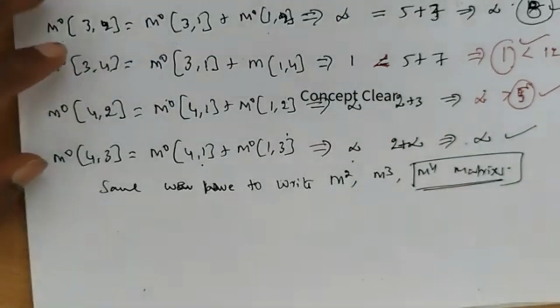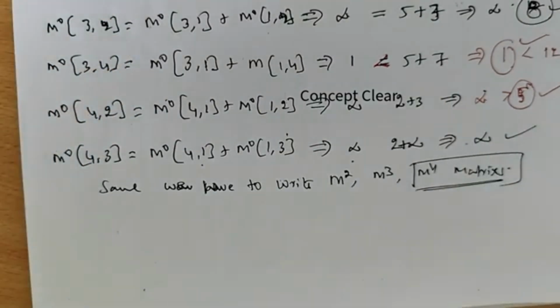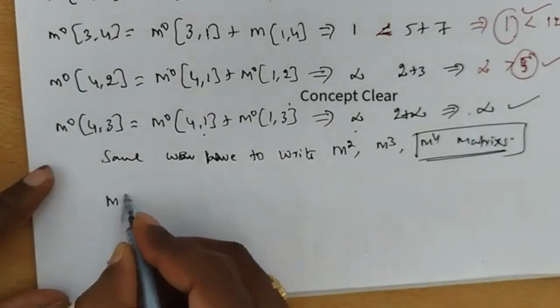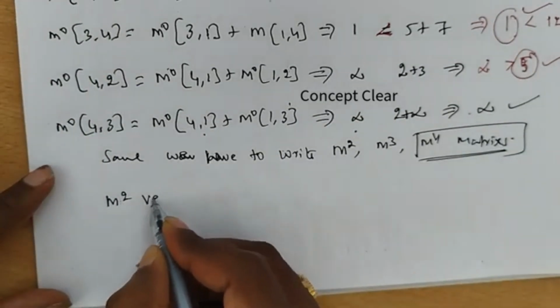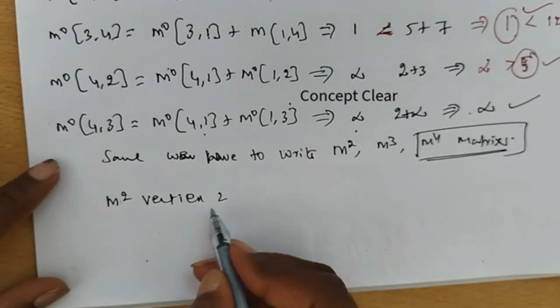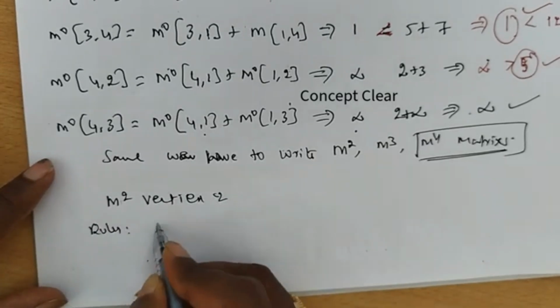Okay, after M1 matrices, how to write M2 matrices? See here, M2 matrices, vertex 2. What are the rules?